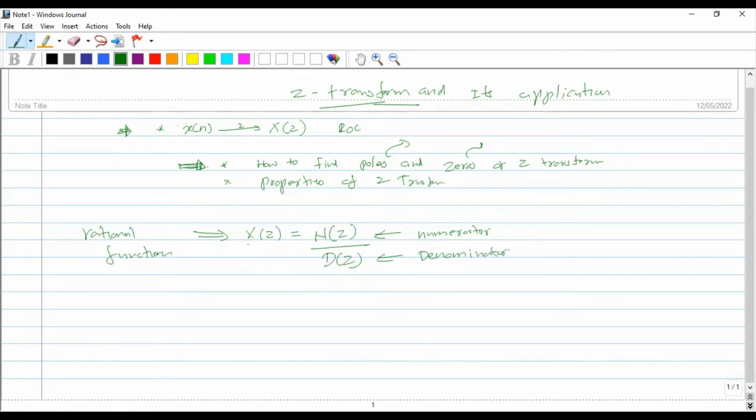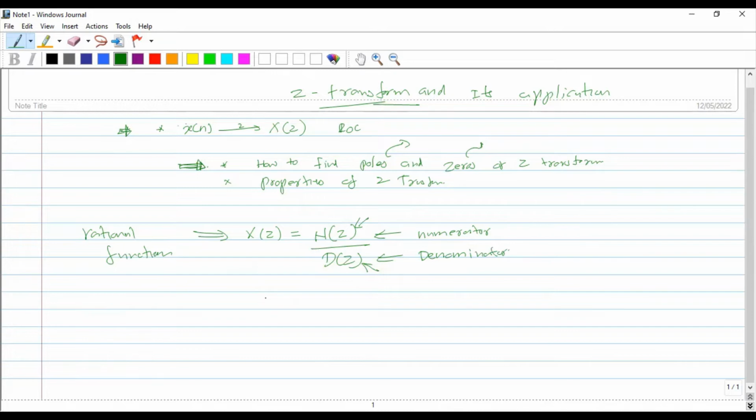So this is a rational function. X(z) can be expressed as a ratio of two functions of z. This is a function of z, and this one is also a function of z.